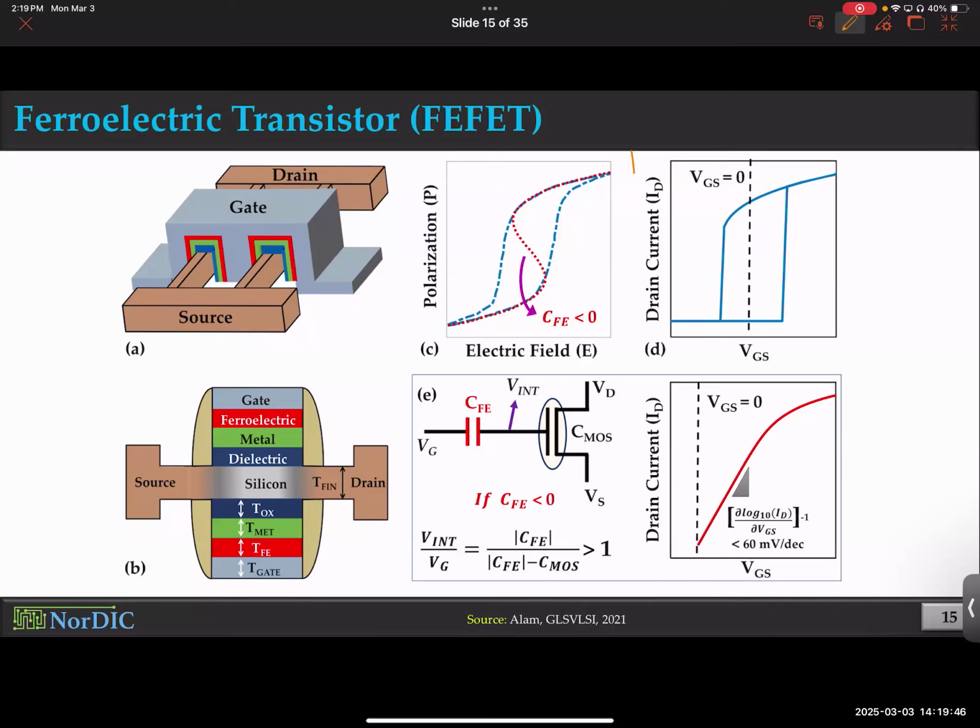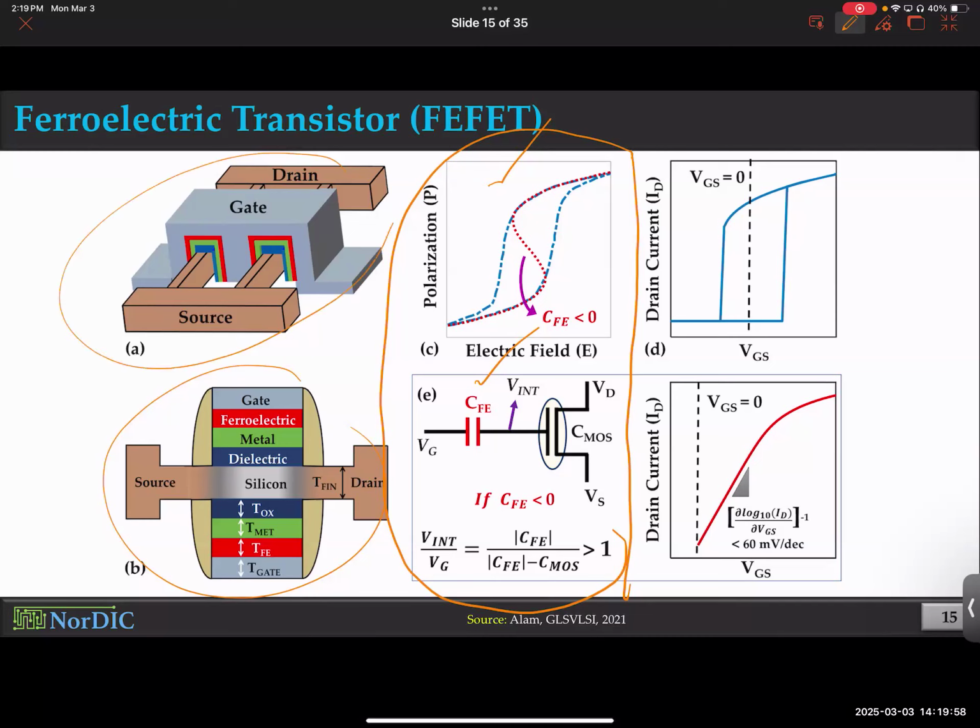Okay, before getting there, what I've explained so far is only these two figures. Take a look at it. This is the origin of negative capacitance. This is what happens if you have negative capacitance. These figures are only there to help you understand what we mean by CMOS and what I mean by CFE. And the other two figures, this one specifically, I'll explain later. So I'll get back to this figure later.